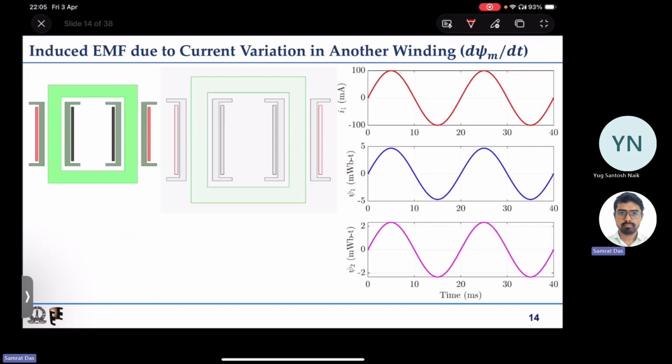Now let us go to the second case, which is the case for a transformer. There is a mutual coupling.